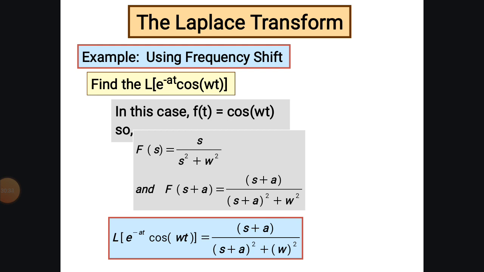Therefore, Laplace of e raised to minus at cos omega t is, as it is minus, it gets added, that is s plus a upon (s plus a) square plus omega square. Okay.